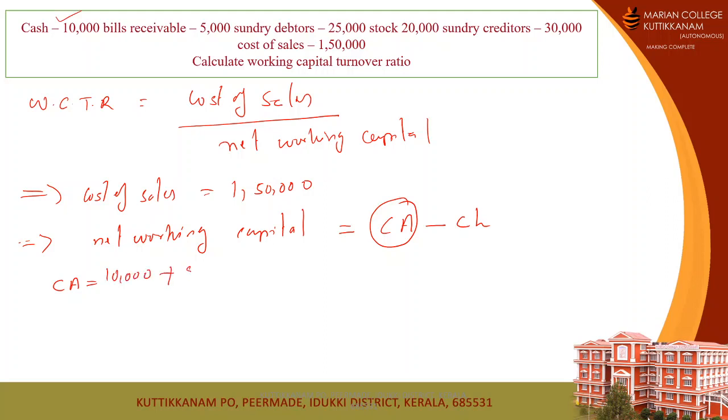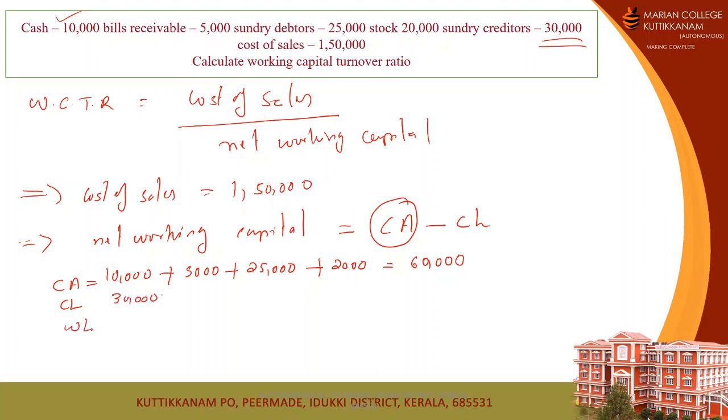Then bills receivable, that is 5,000. Then sundry debtors is 25,000. And stock is 20,000. So what is the total figure? It will give about 60,000, right? Okay. Then current liability, there is only one item here, that is 30,000. So current liability is 30,000.